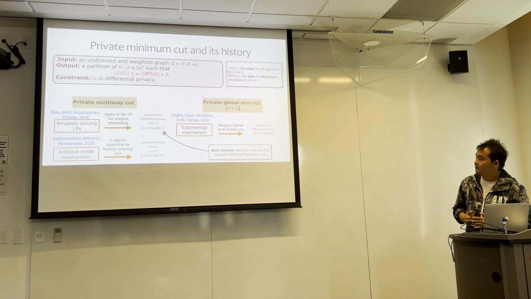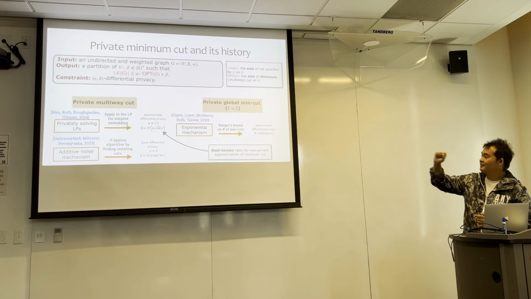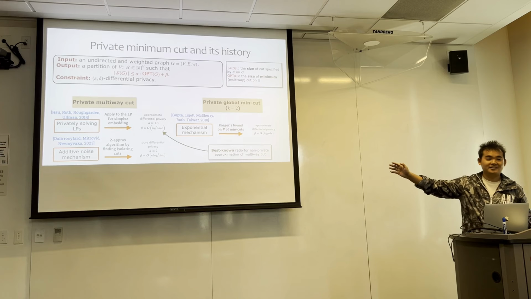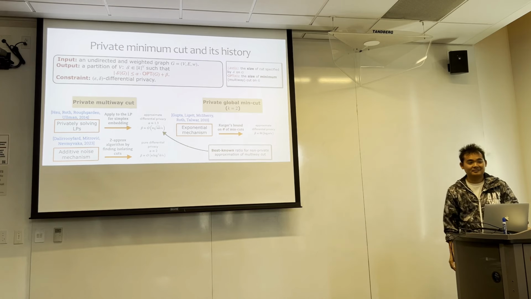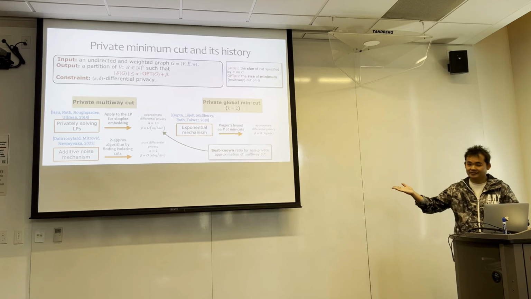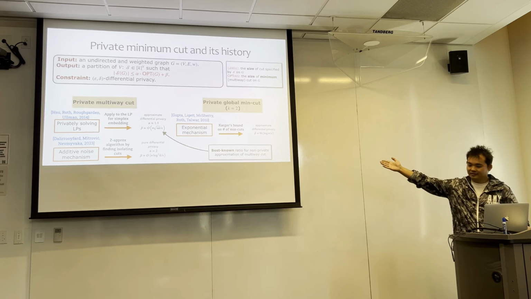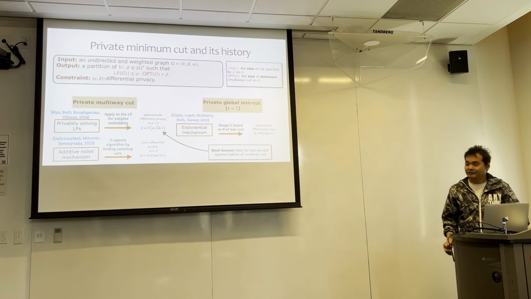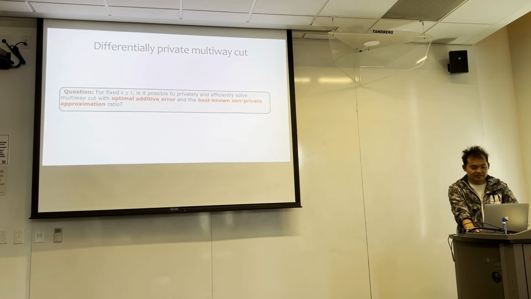Alpha equals 1 here, because min cut is not NP-hard. The logarithmic dependency is also necessary, so I use the theta notation. However, people do not know what the tight error bound is when k is larger than 2.